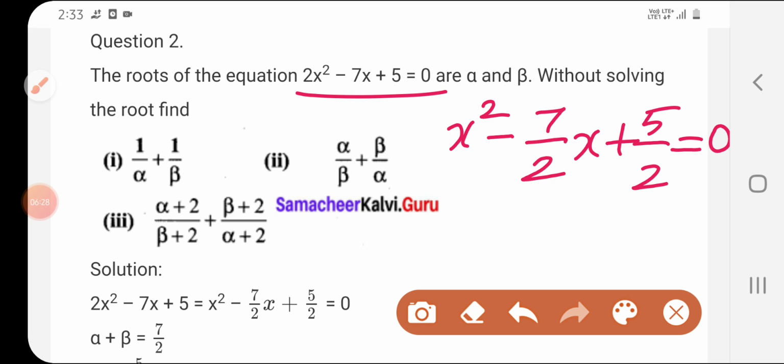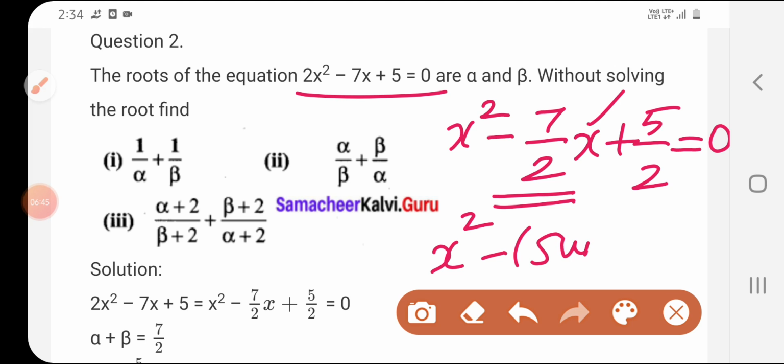We already know the coefficient of x is the sum of the roots, because we are equating to the general format x square minus sum of the roots into x plus product of the roots equal to 0.